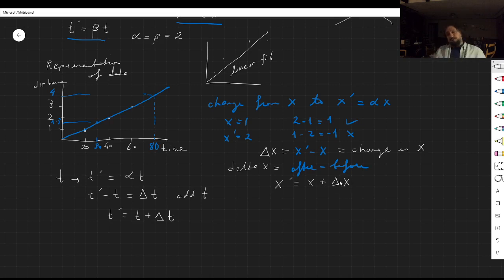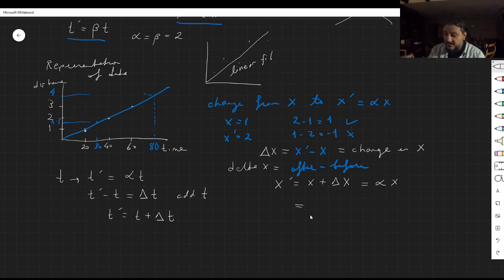So this is just another way of writing the definition of delta x. By adding it to x, you get x prime. But now this is equal to alpha x. Now I can do a trick here. I can take this expression and divide it by a number and then multiply by the same number, which shouldn't change anything, right?